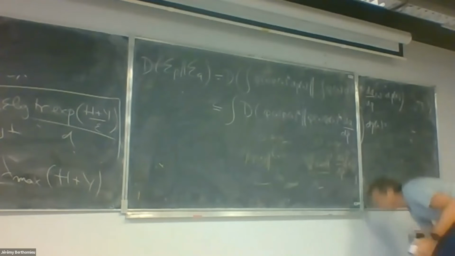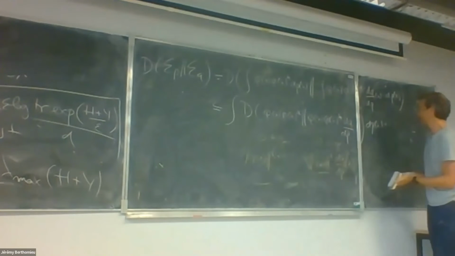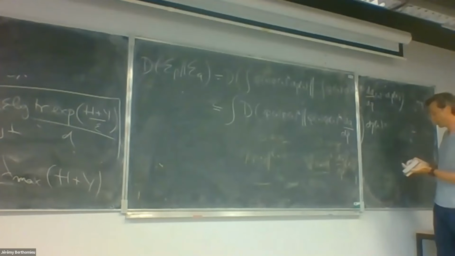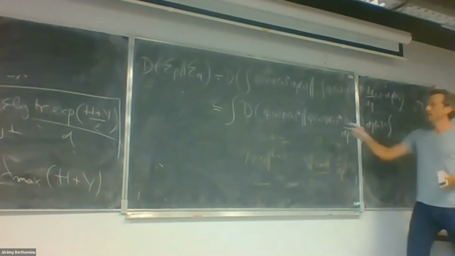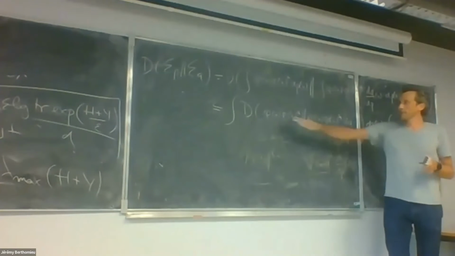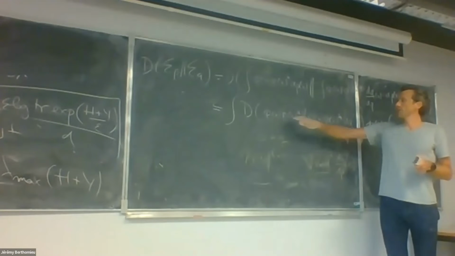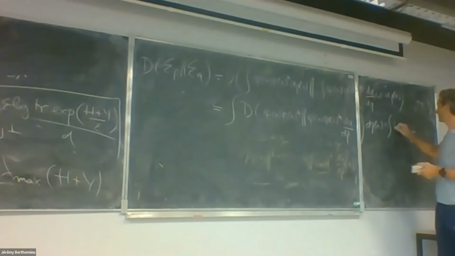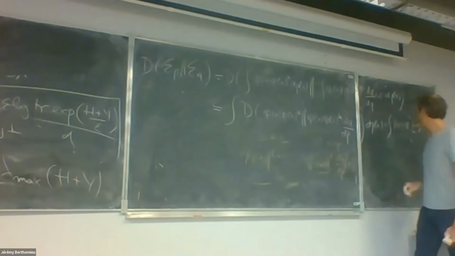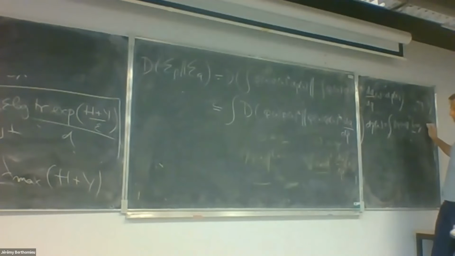Then, no, let's not set it equal to 1 yet. So this is equal to the integral. Okay, so D is like P log of P over Q. I take this times the log of this over that. So I get the norm of P of x squared and the log of the ratio, and the ratio you get is dP over dQ.